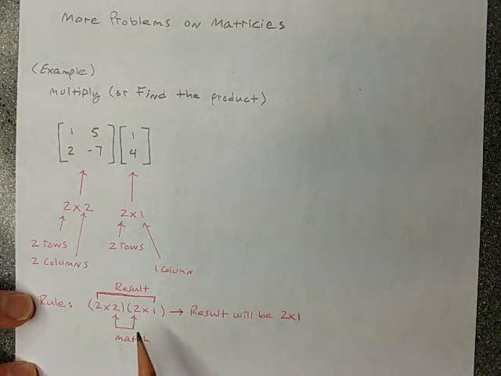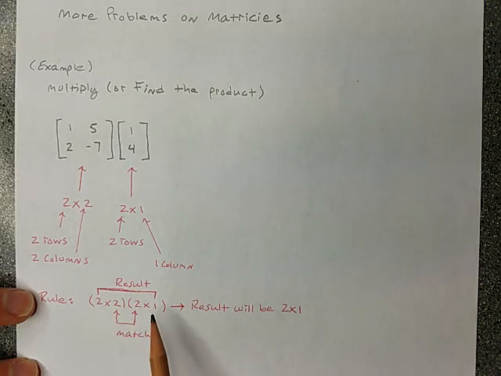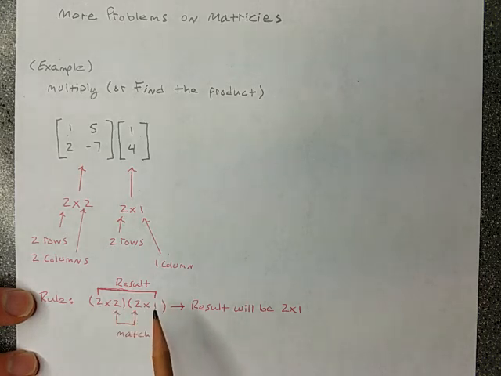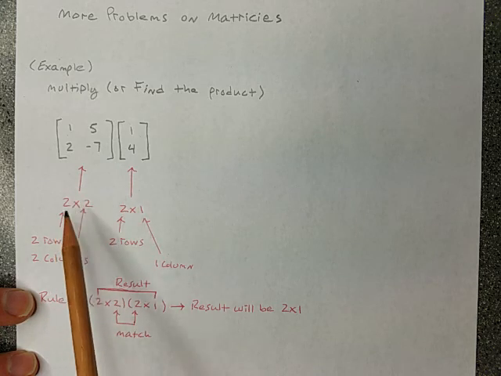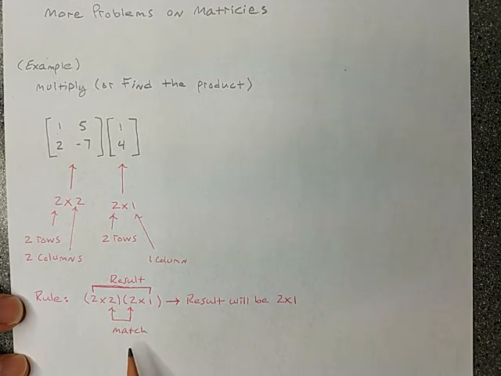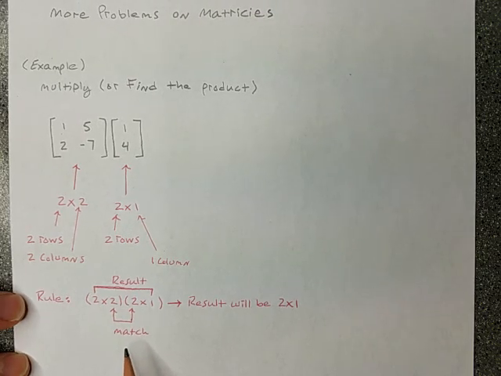2 rows, 1 column. Now, if I were to put the order of each matrix, that's what we call this, 2 by 2, 2 by 1. That's the order of the matrix, 2 by 2 for this one, 2 by 1 for that one. If I were to put those together, the way that these matrices are given, these interior numbers would have to match in order for multiplication to be possible.